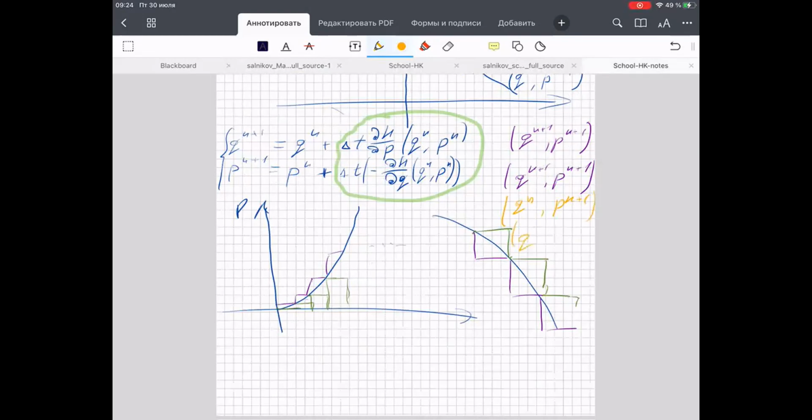And the other one would be also Qn and Pn plus 1. So I am implicit in the momentum, and I'm explicit in the velocity, in the coordinate. So kind of semi-explicit. And this guy is actually called symplectic.